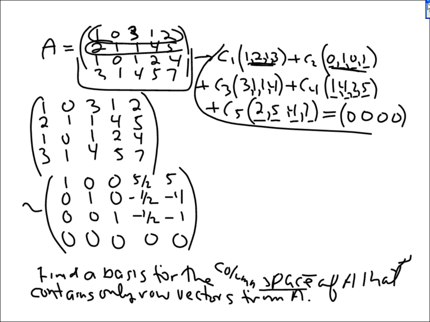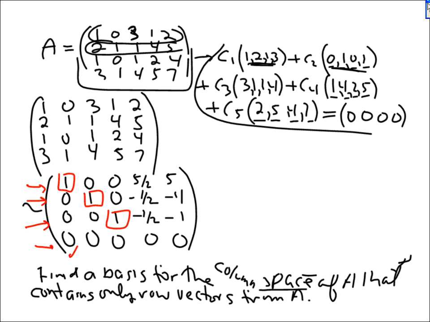So all we're concerned about are columns that have leading ones. Row 1 has a leading 1. Row 2 has the first non-zero entry. Row 3 has our first non-zero entry. Row 4 does not. When I look up and down column 1, I find a leading 1.